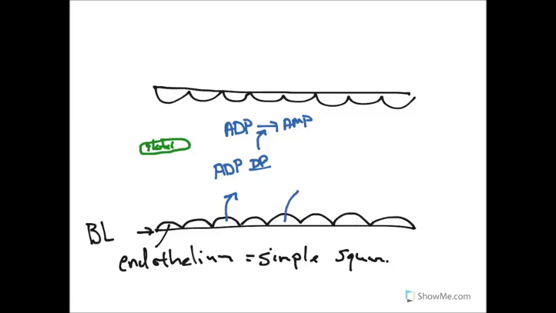Another thing that is produced is a chemical called nitric oxide. Nitric oxide acts as a vasodilator in the blood vessels, but it also prevents platelet adhesion. Another molecule that is produced, which has a fancy name, but we'll call it by its abbreviation first, is PGI2. This is prostacyclin, a type of prostaglandin, a local hormone.